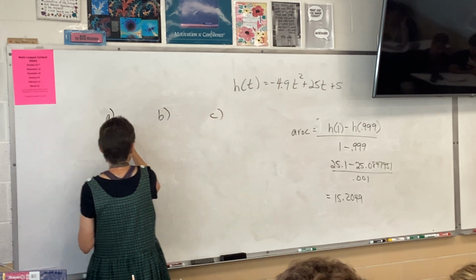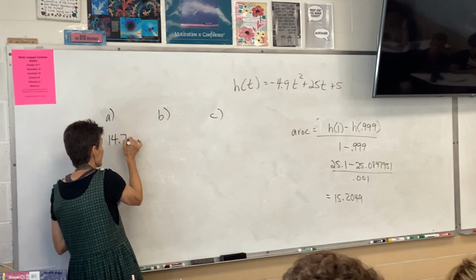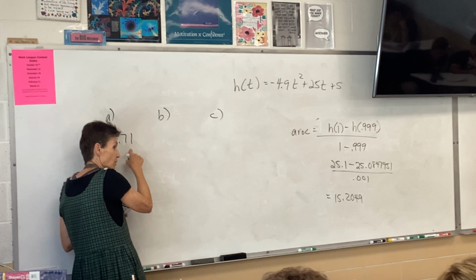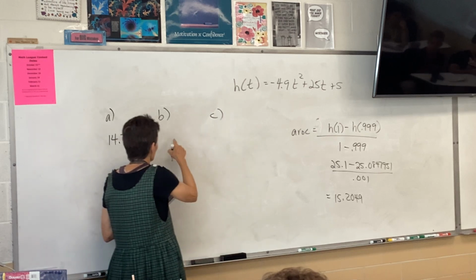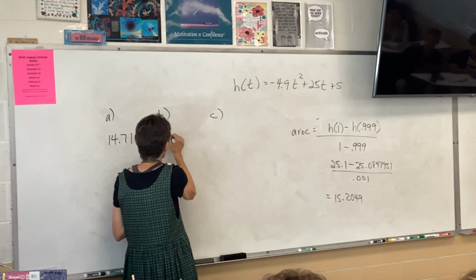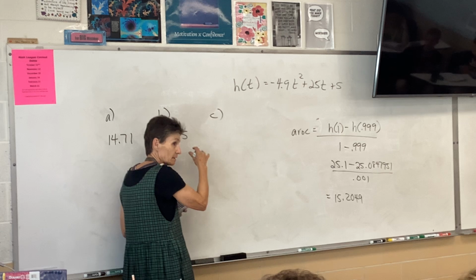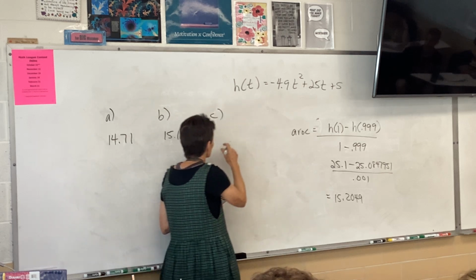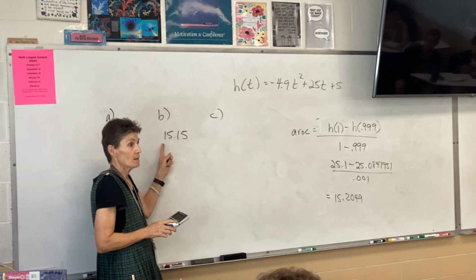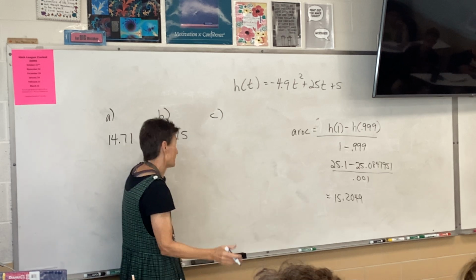Fred, you guys got an answer over there? What did you come up with? 14.71. Did it come out that way exactly, or is there more? Yeah, exactly. Did you guys get B? 15.15, exactly. The reason I keep asking exactly is, how are we supposed to round? To the 1,000th. At least the 1,000th, right? But if it comes out like that, it comes out like that.